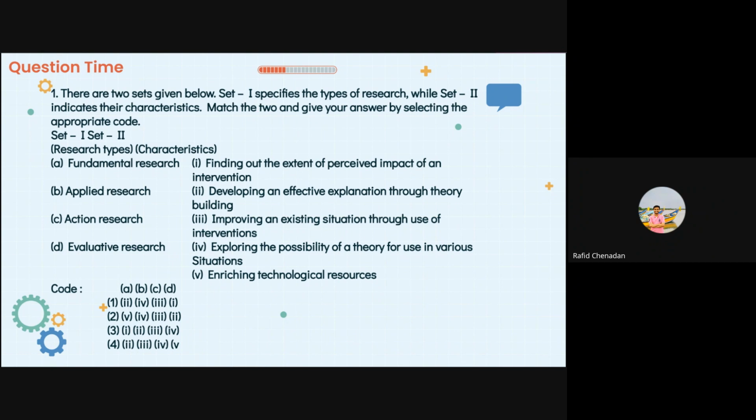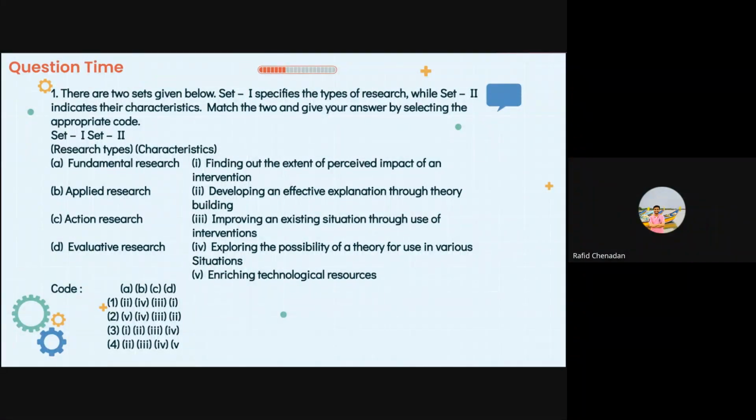For example, COVID happened, right? So when COVID became a pandemic, we had to find a solution. We had to find a medicine, a remedy, a cure for COVID, right? So in order to find the cure, you have to act immediately. So there it comes to an action research. All researches that try to find an immediate solution for COVID is an action research.